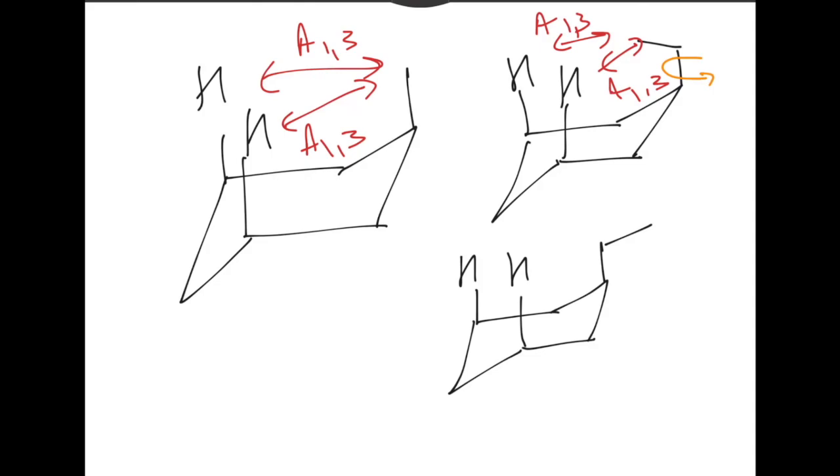So as you add more groups, you spend more time with a group stuck into the ring and banging into the other axial groups. That's why if I had a propyl, that methyl group's kind of out of the way. Butyl, they just get farther and farther away. That's why ethyl gets to stand in for everything, because we really just care about that first carbon off the methyl group.